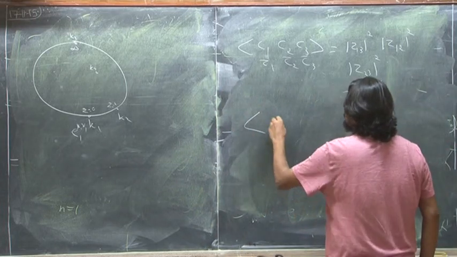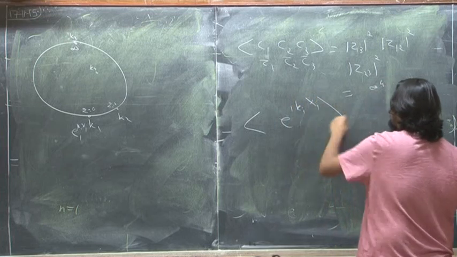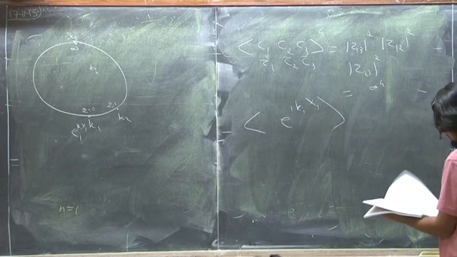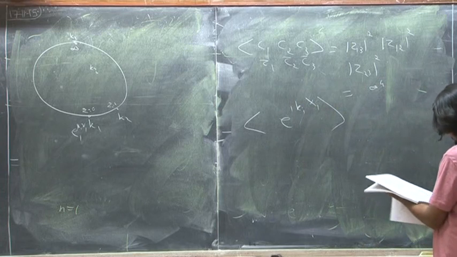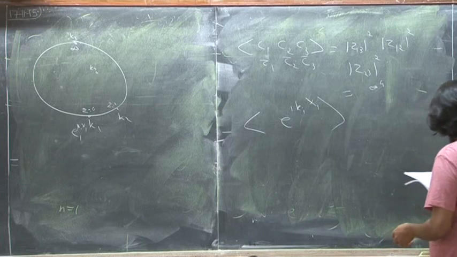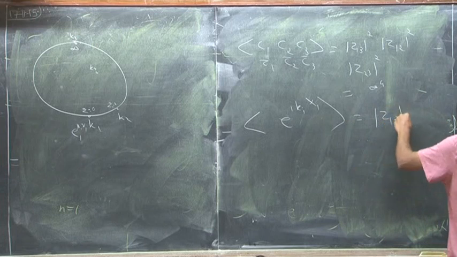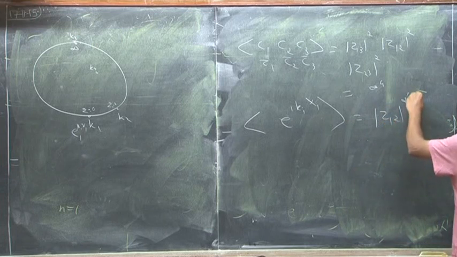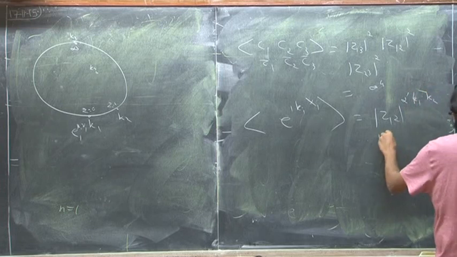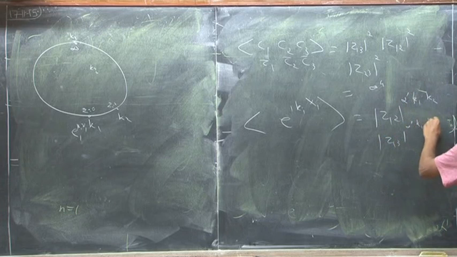Then you're going to have the e to the power i k dot x. So we're going to give you the interesting stuff. The thing for e to the power i k dot x is going to be over all possible pairs, this thing, and similarly Z13 and K1 plus K3.